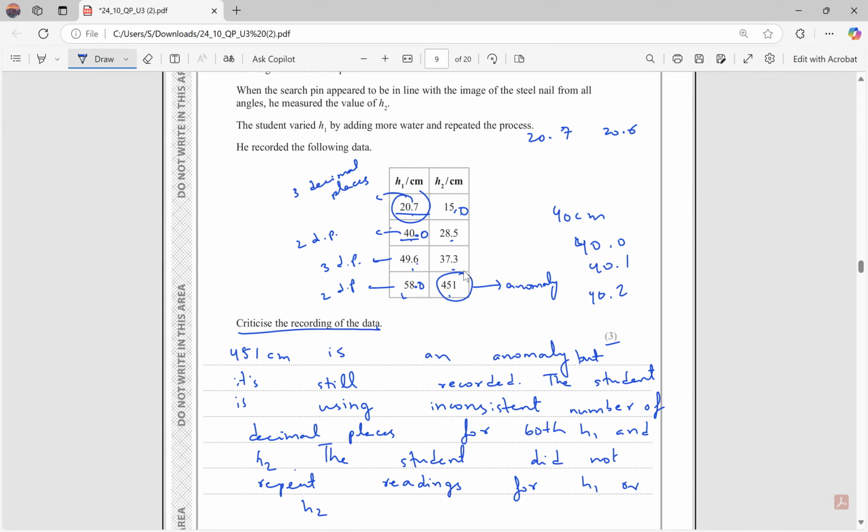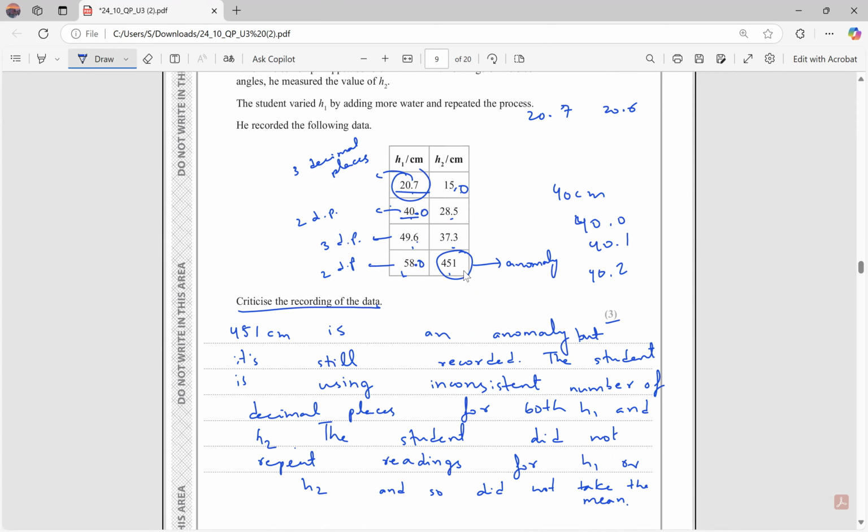And so we did not take repeat readings and so did not take the mean. It's enough up till here, but just to elaborate. So there we go.